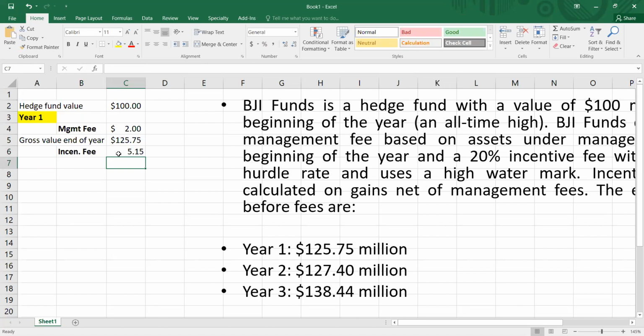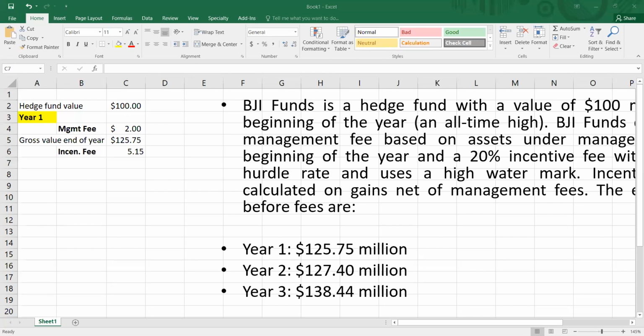What I mean by other conditions is, like, the hard hurdle rate condition. If you remember the hard hurdle rate, what was that? The hard hurdle rate is the minimum requirement of profit that needs to be compensated to the investors.